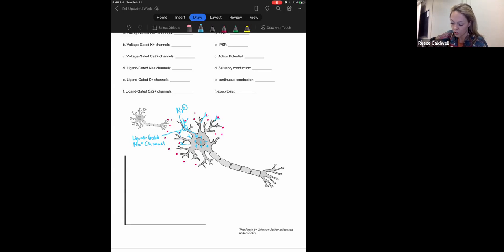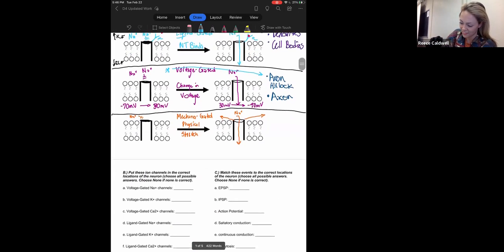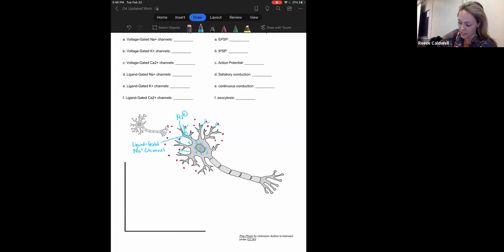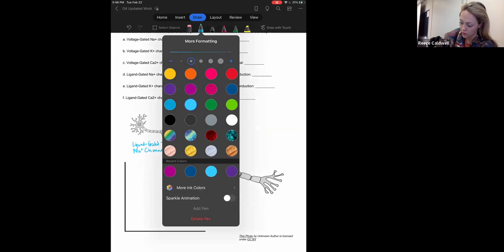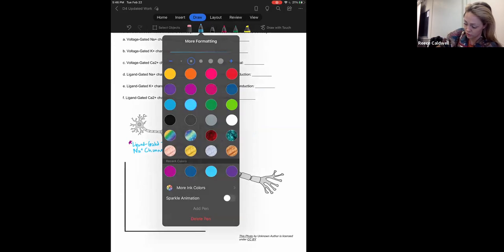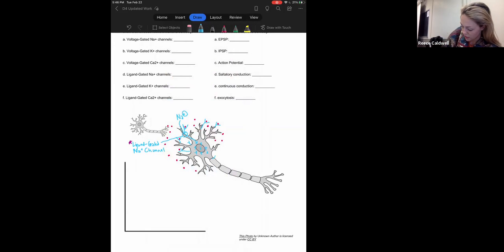And so once this occurs, that positive charge will reach the, did I just color code this wrong again? I think I might have made a color coding mistake, but it's all right. Once those ligand-gated channels open, and from now on my color coding is correct, we see the opening of voltage-gated channels.